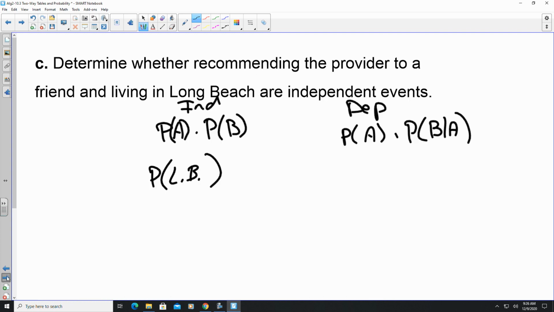To find the probability of recommending the provider to a friend, it's going to be 0.32 plus 0.04, which is equal to 0.36. So that's what it would be as an independent event.